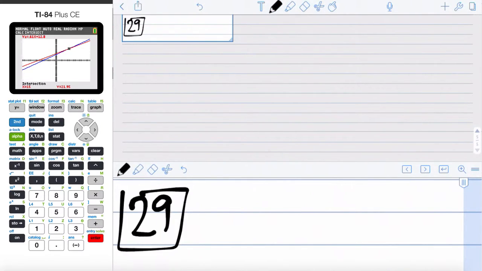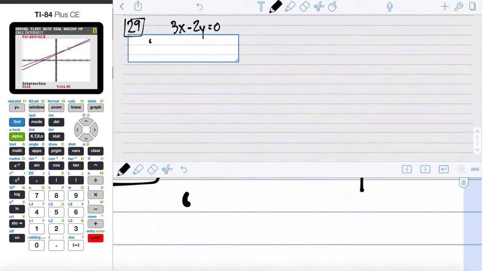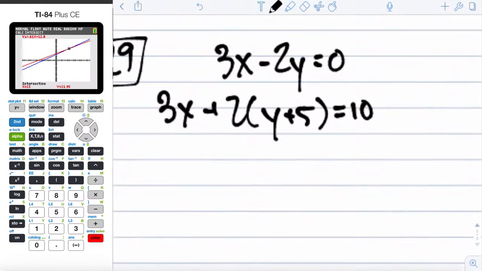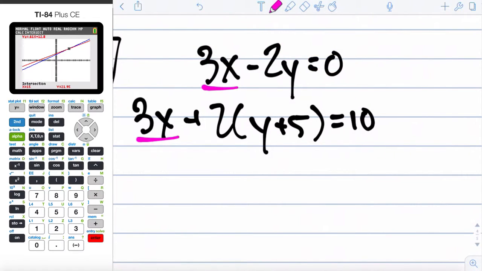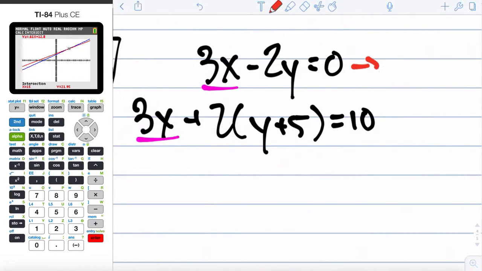29 says 3x minus 2y is equal to 0. It also says that 3x plus 2 times y plus 5 is equal to 10. So I'm going to take this top equation, and since I have a 3x here and a 3x here, I'm going to rewrite that as 3x is equal to 2y.